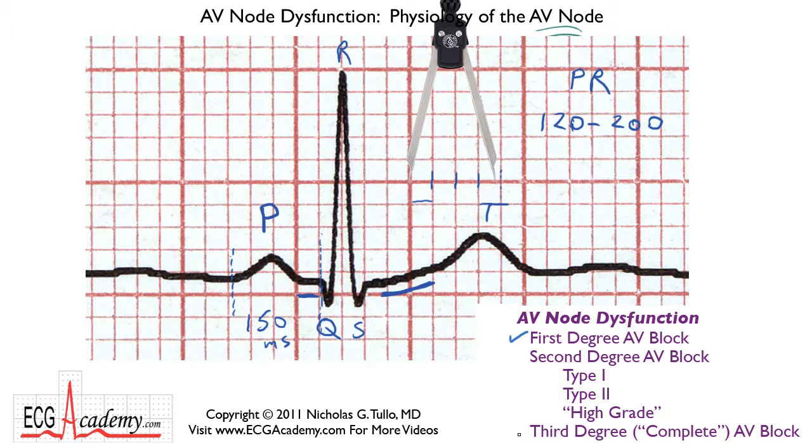Now, down at third degree AV block, that means that none of the P waves are conducting to the ventricles, and the ventricular rhythm has to be some kind of escape rhythm, which we touched on in our discussion of sinus node dysfunction. Second degree AV block simply means that some of the P waves are conducting, and we're going to have a long discussion about the different types here, but since some of the P waves conduct, obviously that means that some do not conduct. And that's how you can diagnose second-degree AV block, which indicates a partial failure of AV conduction.